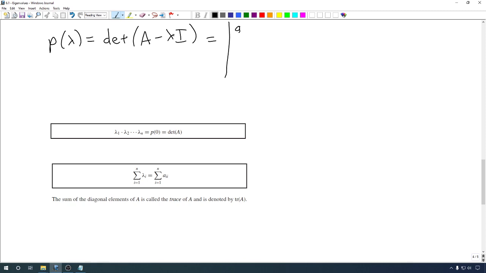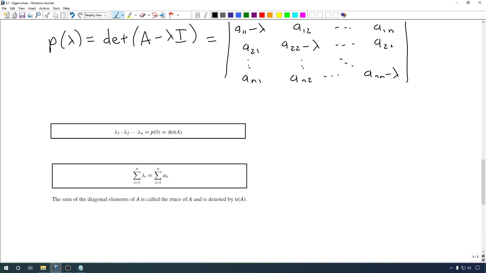Remember, we're subtracting lambda times I. What that means is that we're subtracting lambda from each of our diagonal elements, but everything else stays the same. It's always fun having to write all these big matrices out.